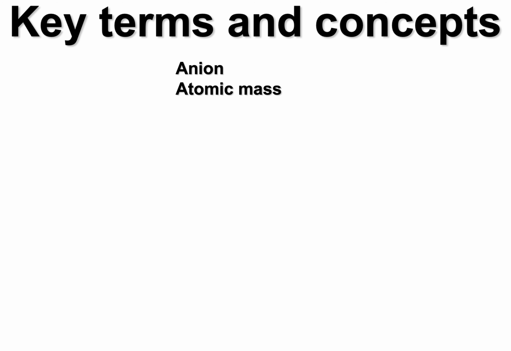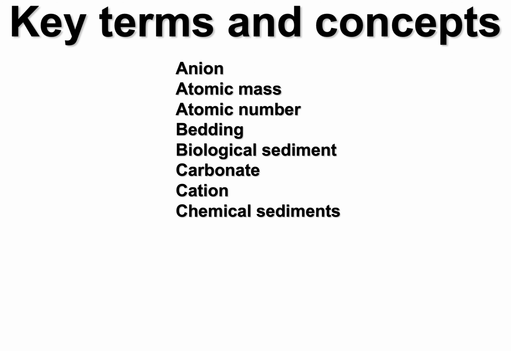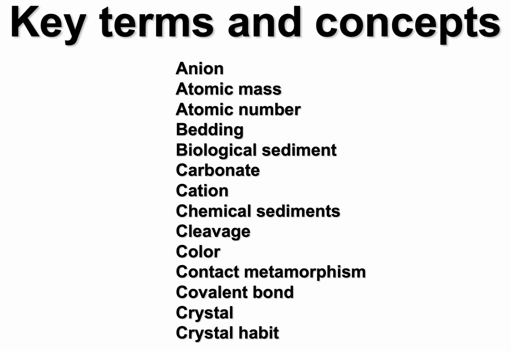We were talking about the atomic mass, the atomic number, the bedding, the biological sediment, the carbonate, the cations, the chemical sediments, the cleavage, the color. We talked about contact metamorphism. We talked about covalent bonds. We talked about crystals, and we talked about the crystal habit.